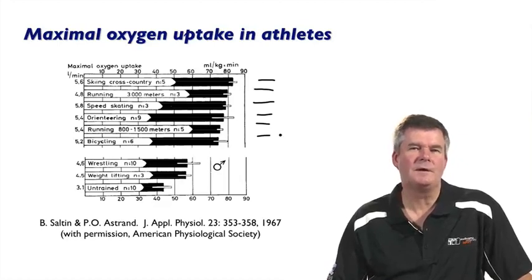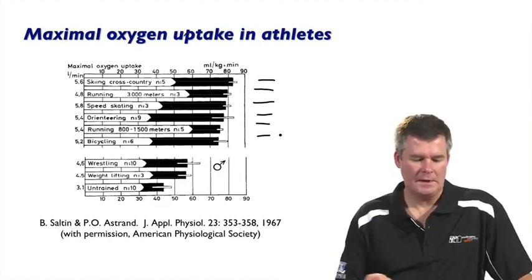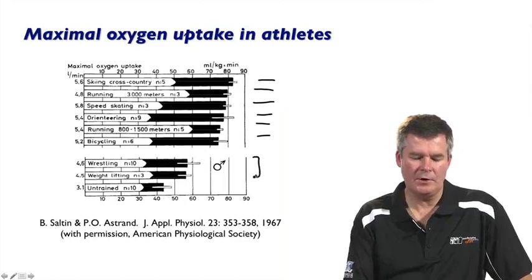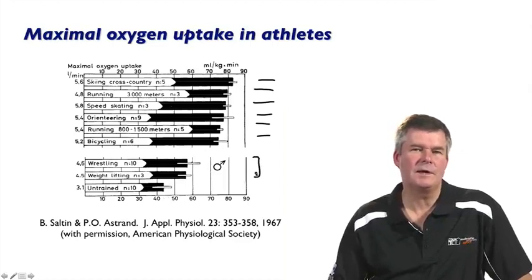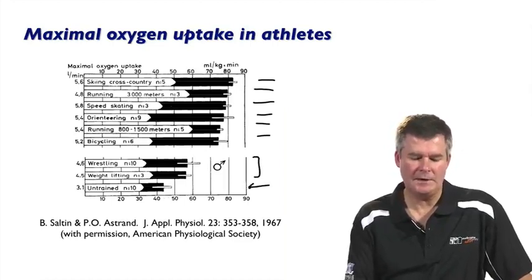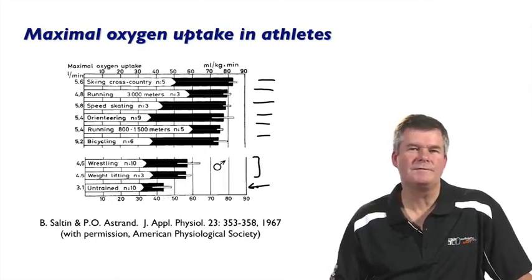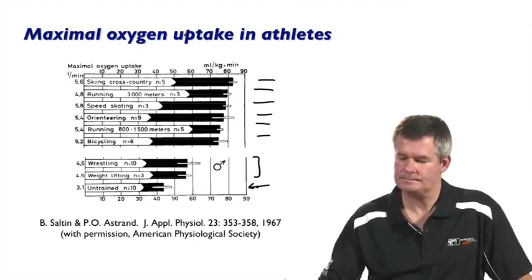I think the highest value that's been reported in the literature is 92 for a very well-trained cross-country skier. In the less aerobically dominated events, you can see lower values, and in the untrained values, as I said, 40 to 50. With a period of endurance training, we could expect an increase in that VO2 max value for an untrained individual.